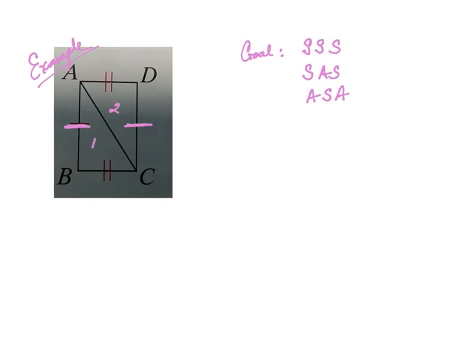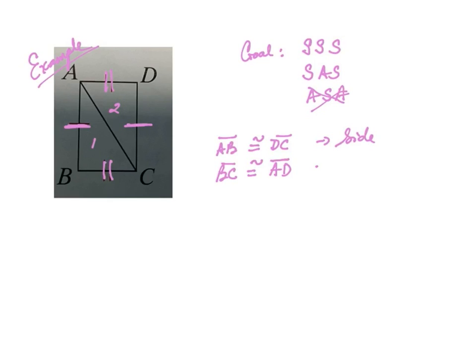So you're going to have side AB is congruent to side DC. That is a side, so I can eliminate this. This tells you there's another side, side BC is congruent to side AD.